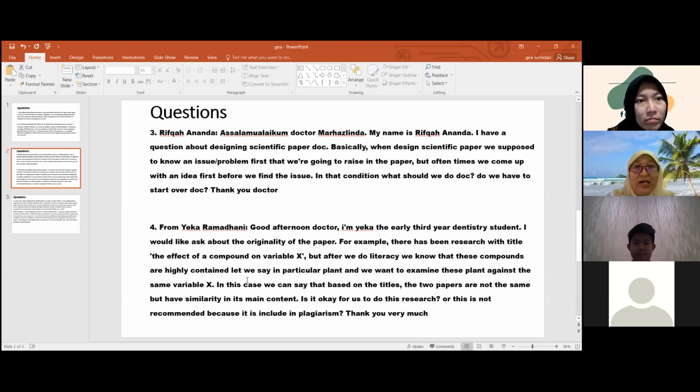Usually Clarity will check it, and 30% and above is considered plagiarism. But still, when you look at whatever is similar, sometimes you also have to check, because sometimes it is a common term. Even for a common term, you cannot use another term, but the software will detect it as similar. So you still have to look at the content, whether the similar part is a common term. Yeah?